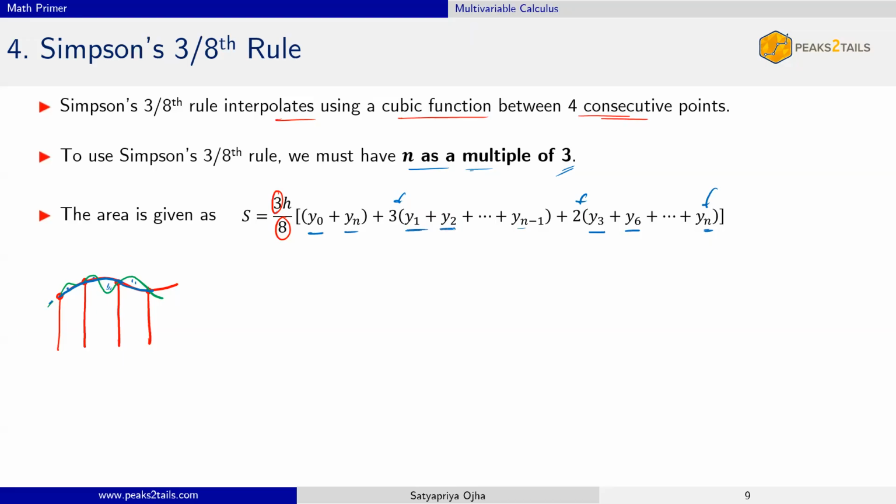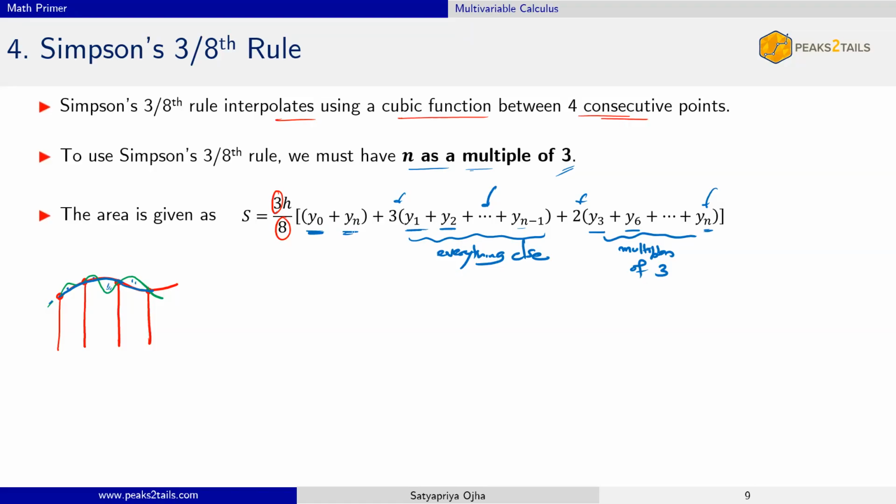Okay, y1 plus y2, y4, y5, y7, y8, all of those will come here. So this group are multiples of 3, and this group is everything else. Of course, the first and the last one are handled separately, so that is always there. That's Simpson's 3 by 8.